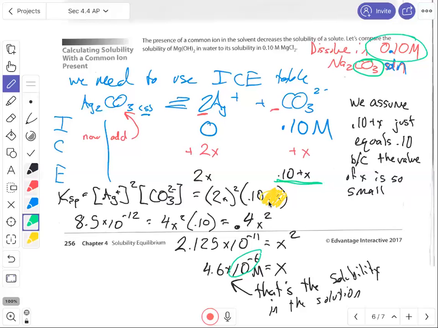This is basically the last type of problem that could exist with KSP, with solubility equilibrium. Like the free response question we're going to do on Wednesday, you'll notice that this is one of the later types of sub questions that they would ask, so it would be part of a much larger question.